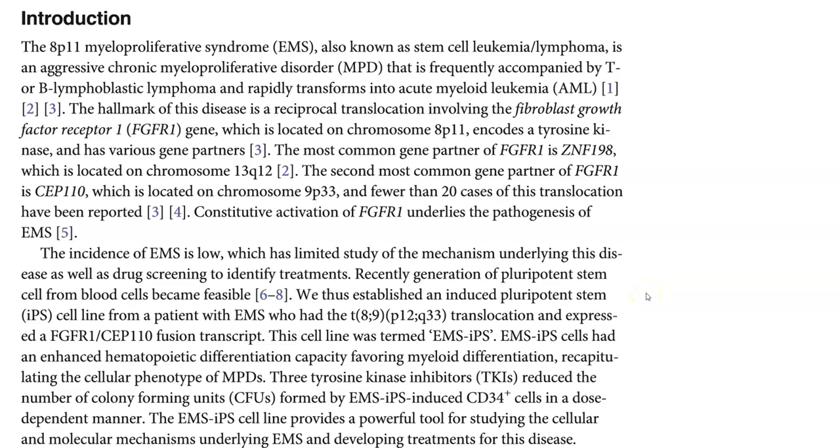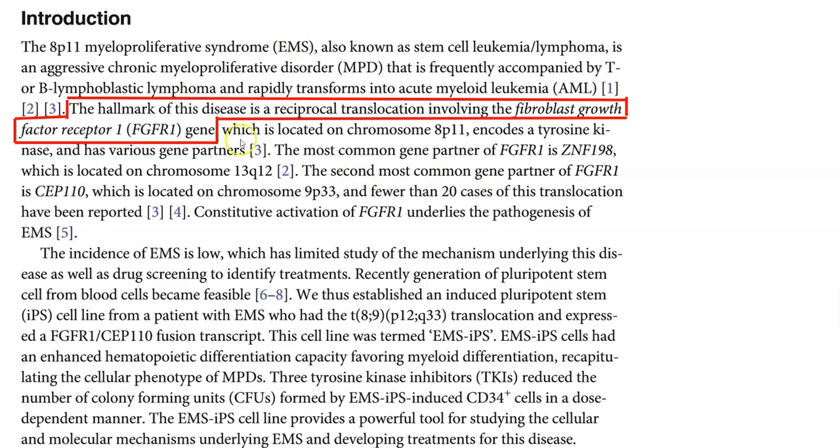One thing that you'll notice in papers, and it is helpful to do, is in the introduction, if you ever do skip something and go into the results, a lot of times the abstract or the introduction will list all of your acronyms for you as well. So here we have the EGF, the fibroblast growth factor receptor, FGFR1.